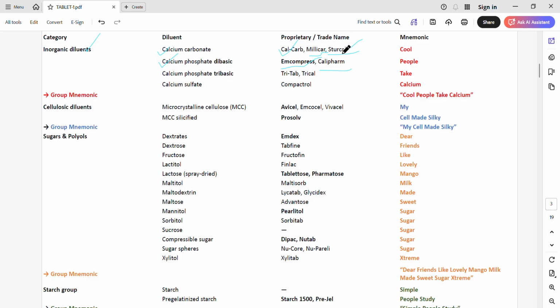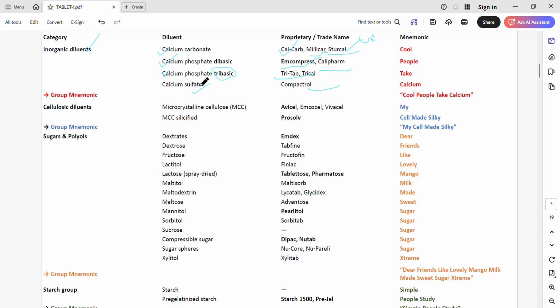The trade names mainly come in GPAT and other competitive exams. We should know the trade names. Especially, calcium phosphate tribasic is easy to remember: here is tribasic, so Tri-Tab. Then calcium sulfate, which is Compactrol.